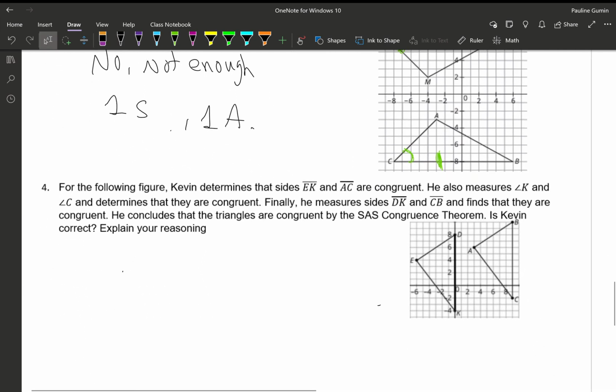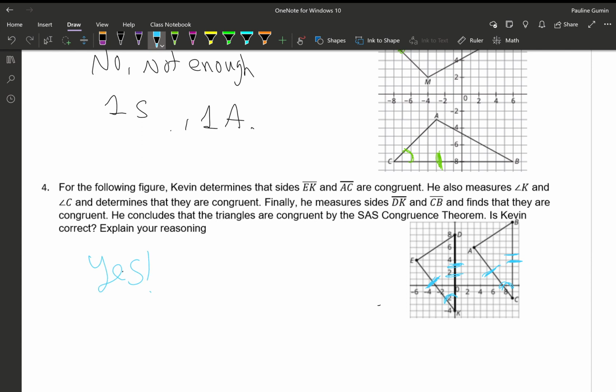All right, number 4, let's see what Kevin thinks here. Kevin determines that EK and AC are congruent. Let's mark it. He also measures angle K and angle C, and they're congruent. Finally, he measures DK and CB and finds that they are congruent. He concludes that it's SAS. Is he right?